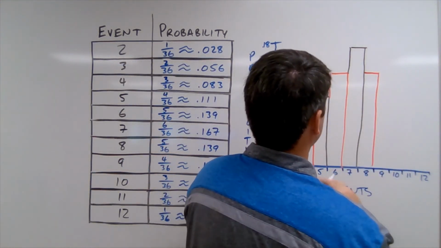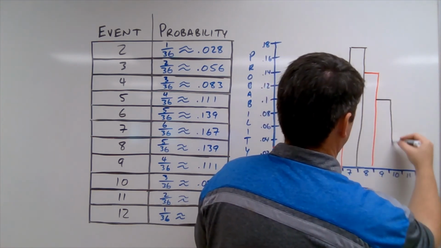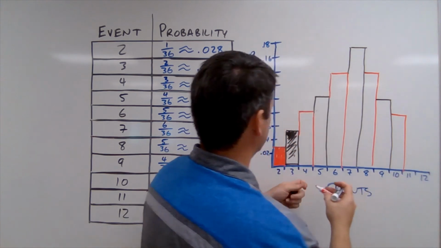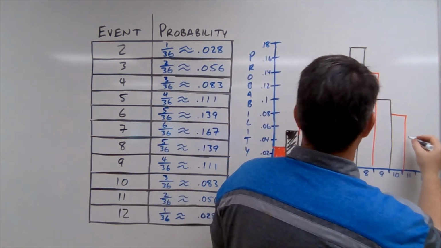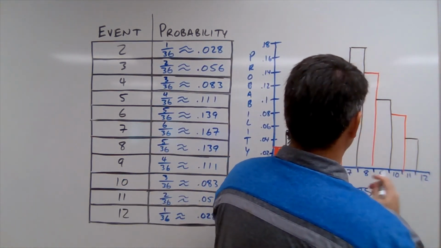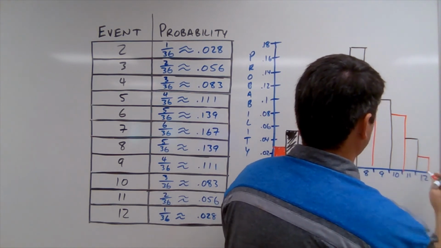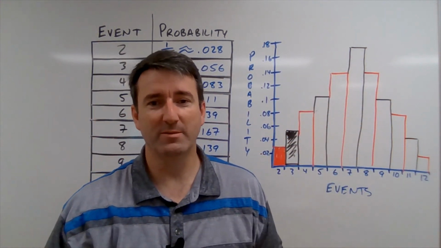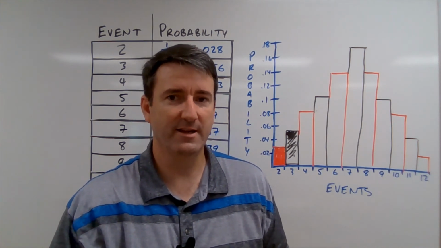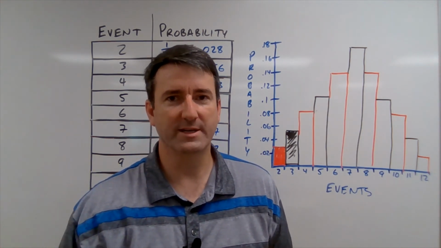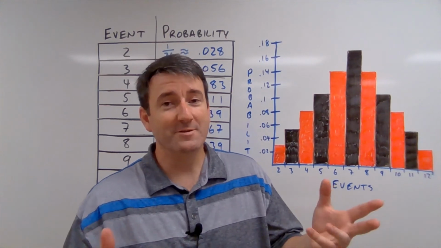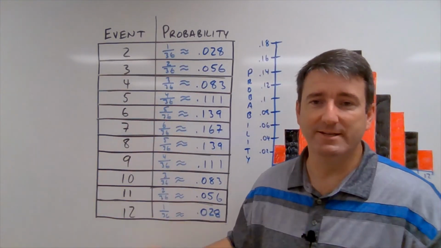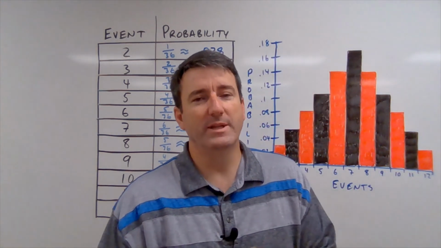So we'll go 8, and then 9, and then the 10 should be the same as the 4, and then the 11, and then the 12. And so I'll go ahead and fill these in, and we'll be able to see the finished histogram showing this probability distribution.